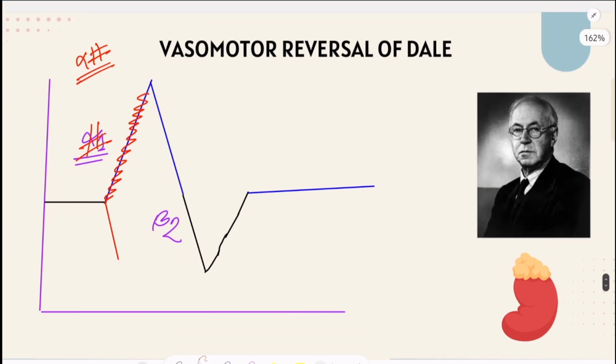Our administered 100 molecules of adrenaline now do not work on the alpha 1 receptor. Rather, they act only on the beta 2 receptor. So, through the metabolism of adrenaline down to 50 molecules, the adrenaline will work on the beta 2 receptor and this response is seen. But the decrease in blood pressure will not stop.